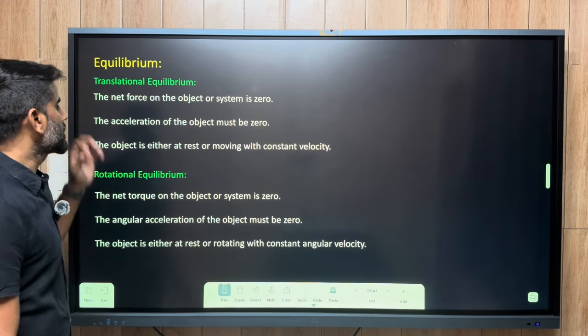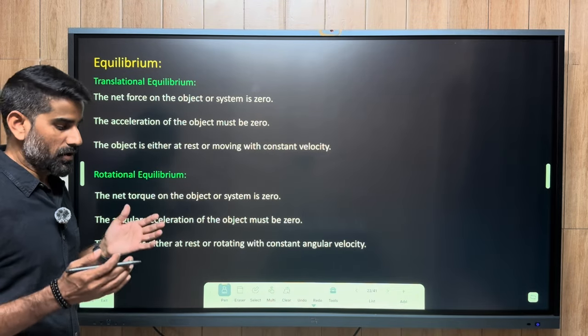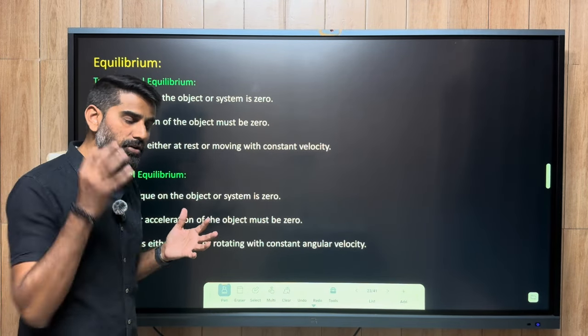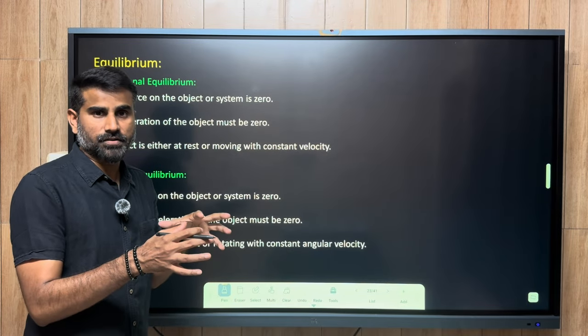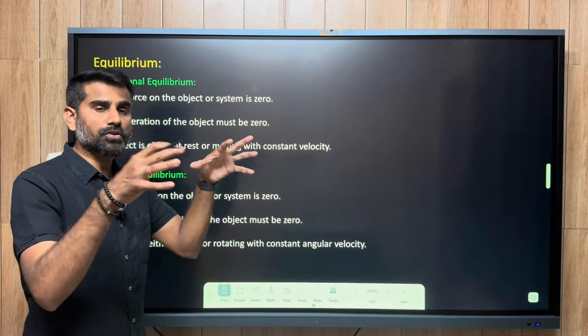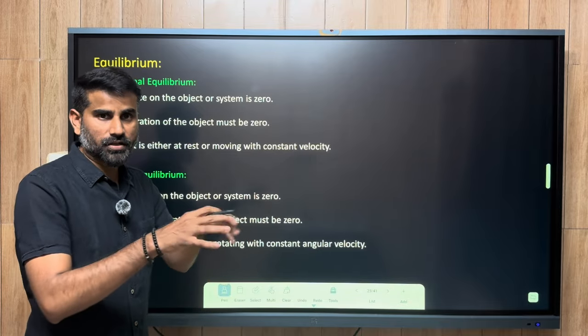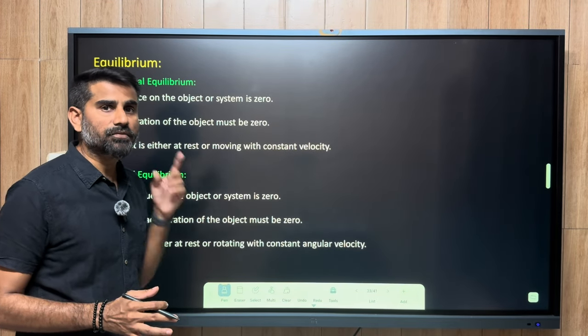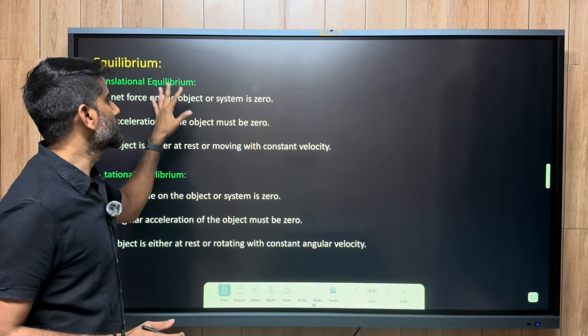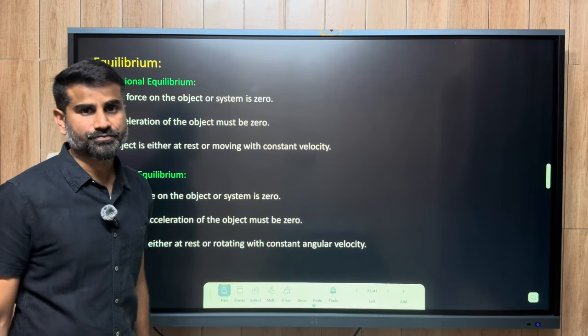Translational equilibrium is nothing but this: if we take an object, there are multiple forces acting on the object. Even though multiple individual forces are acting on the object, if the net force on the system is 0, then we say the object is in translational equilibrium.